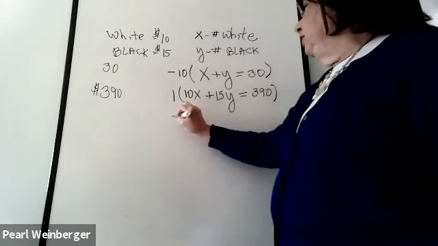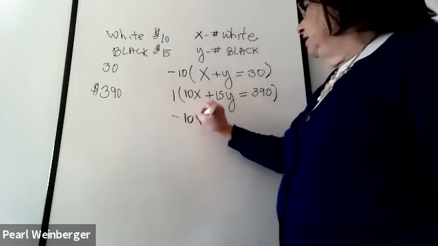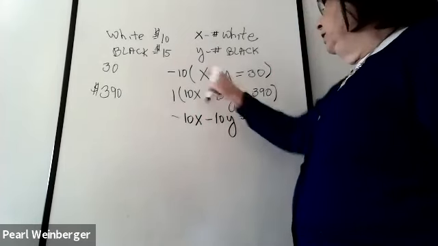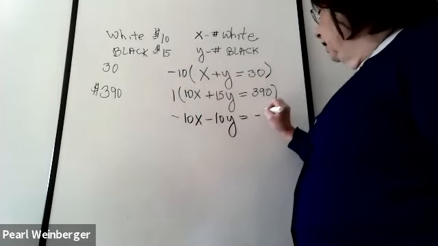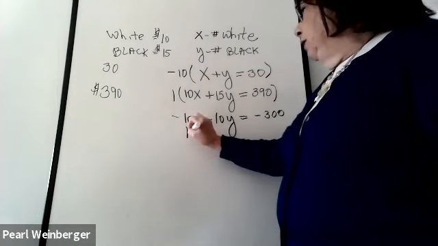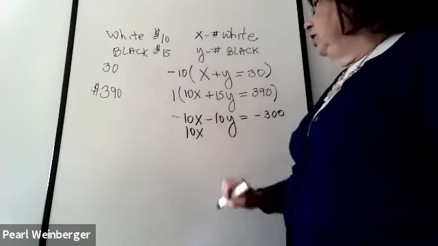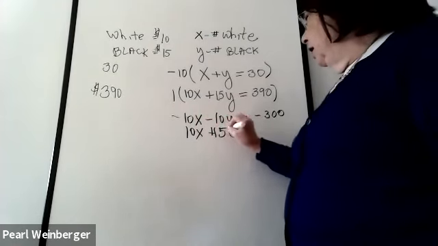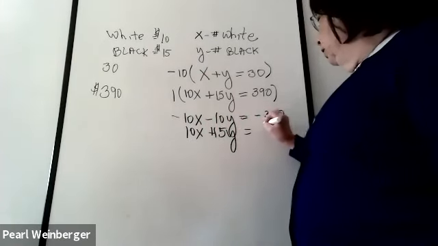So the top equation then becomes negative 10x minus 10y equals negative 10 times 30, which is negative 300. And the bottom equation, multiplying by 1 doesn't change anything: 10x plus 15y equals 390.